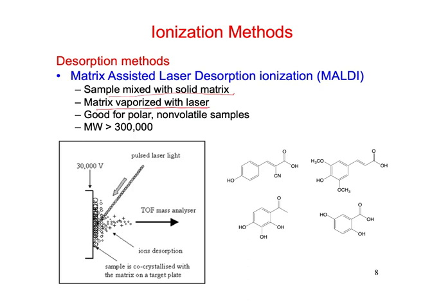So usually they have a laser that's tuned to the absorption maximum of their matrix. Here are some common matrices, and notice that they're all benzoic acids, or this is acetophenone, or these cinnamic acids and things like that.